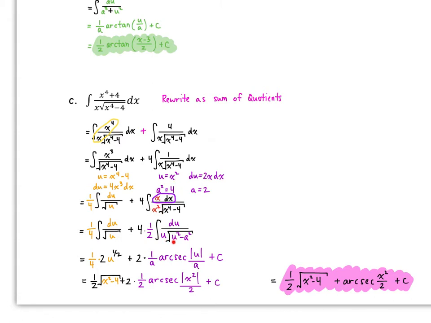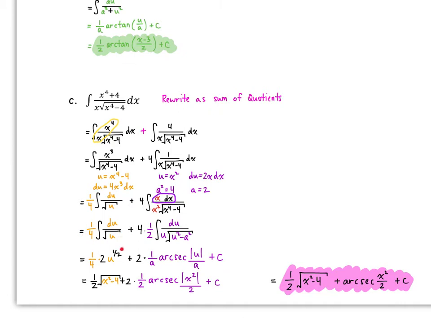Then underneath that radical, we have u squared minus a squared. So this is where our arcsecant comes into play. So just cleaning everything up now, we have 4 times 1/2, which is where we get the 2 from. Integrating this, we have 1 over a times the arcsecant of the absolute value of u over a plus c.